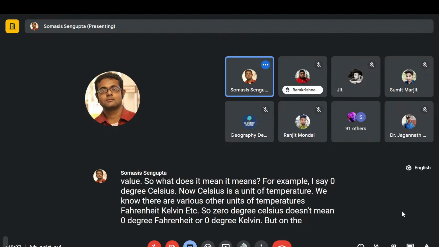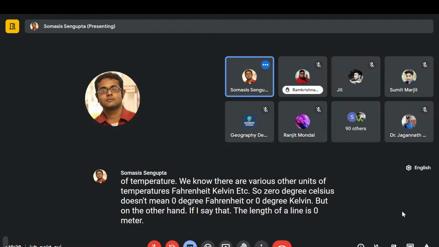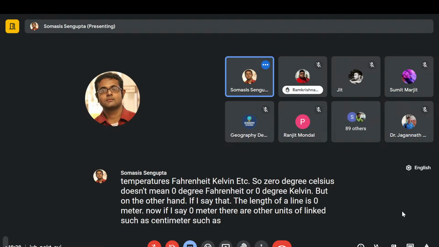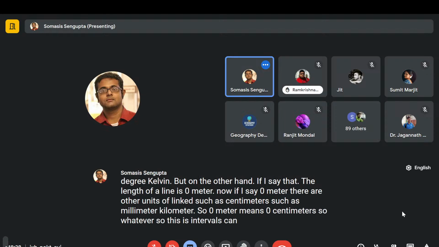But on the other hand, if I say that the length of a line is 0 meter, there are other units of length, such as centimeter, millimeter, kilometer. So 0 meter means 0 kilometer, 0 kilometer means 0 centimeter. So this is the interval scale, and the next is the ratio scale.